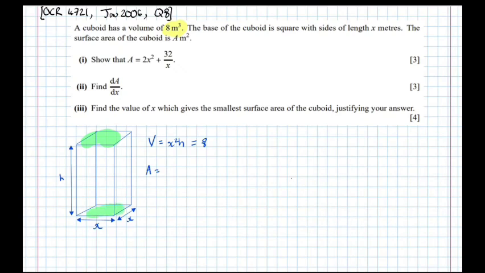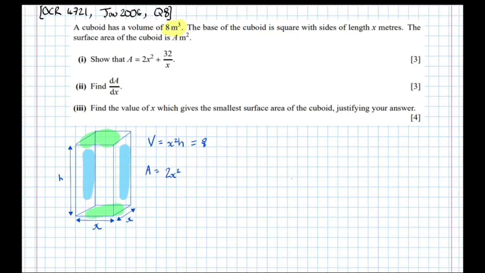For the area of the square on the top and bottom, we use x squared, and because there are 2, we put 2x squared. And the area of the side of the cuboid is a rectangle, and we get the area by multiplying x and h. Because it has 4 sides, we add 4xh.